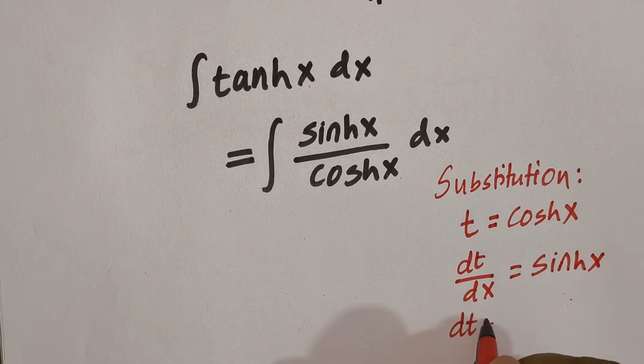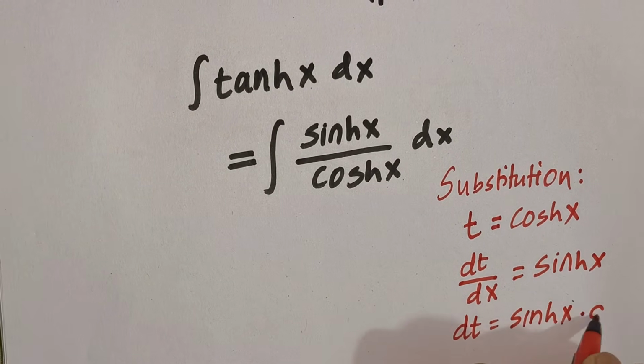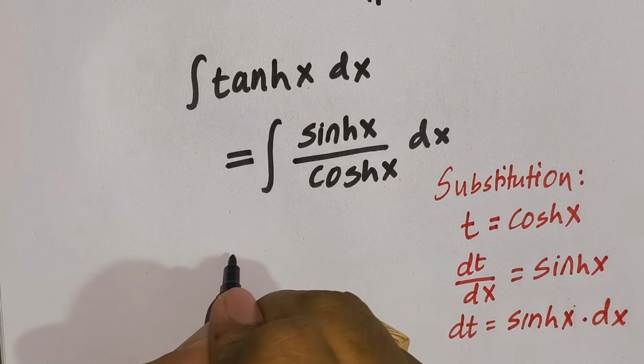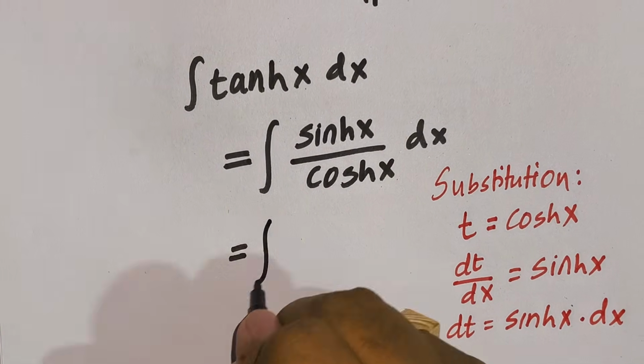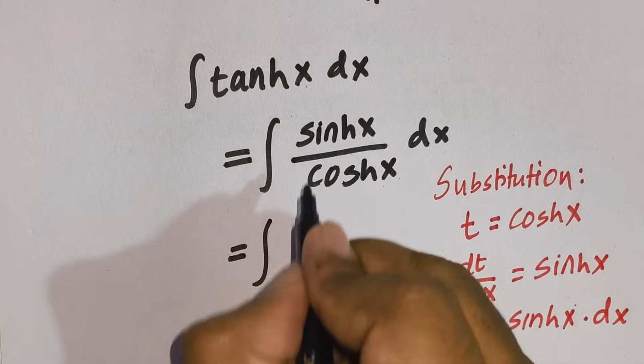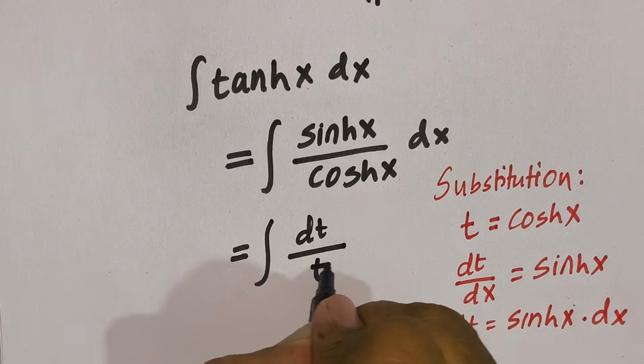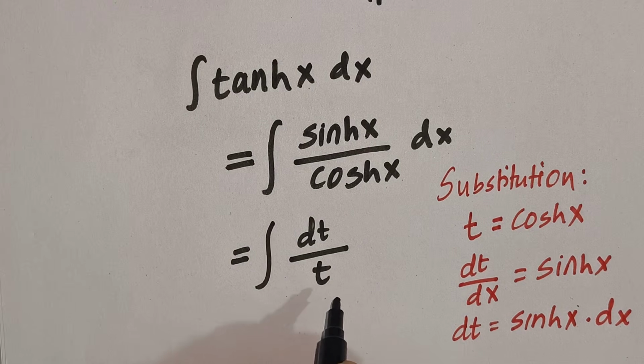So dt is hyperbolic sine times dx. Thus this integration becomes: the upper part is dt, and the hyperbolic cosine is t. This is a basic formula from integration.